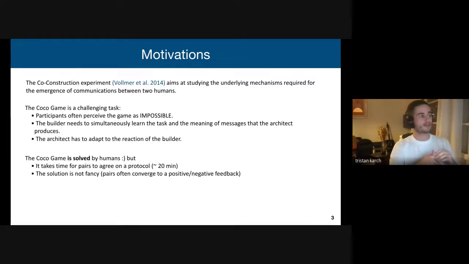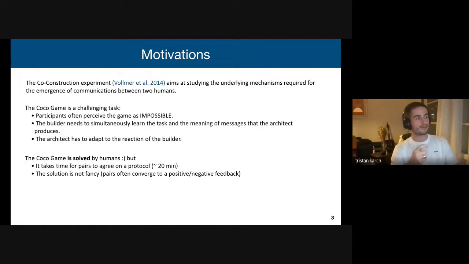Luckily, the Coco game is solved by humans. But it's important to note that it takes a lot of time for the pairs to converge on a protocol. I think the pairs were playing this game for about 20 minutes before solving it. It's also important to note that the solution they reach is not fancy.